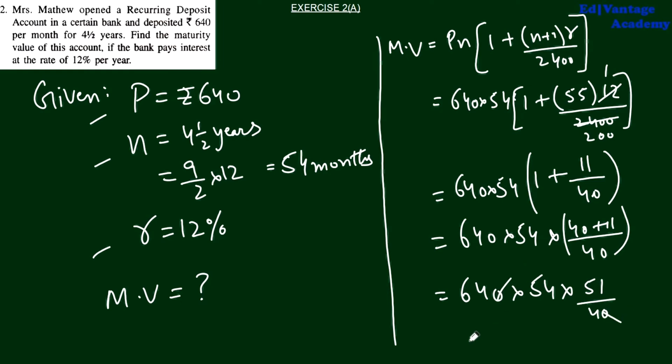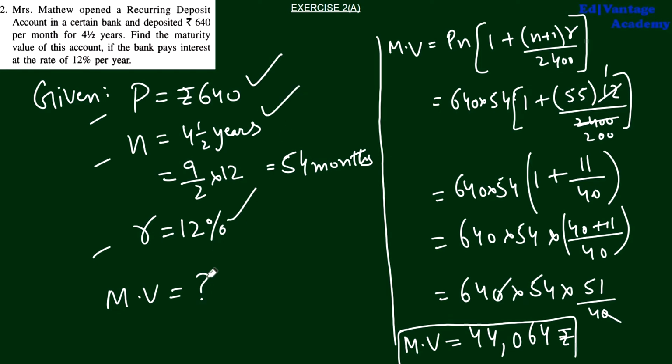Now you can cancel it, and after calculating you get the maturity value equal to 44,064 rupees. So that's your answer. So directly we can calculate maturity value. You just need to see what is given and what to find, and based on that, look into the formula which one you want to use.